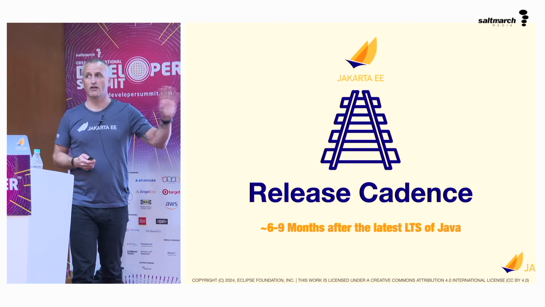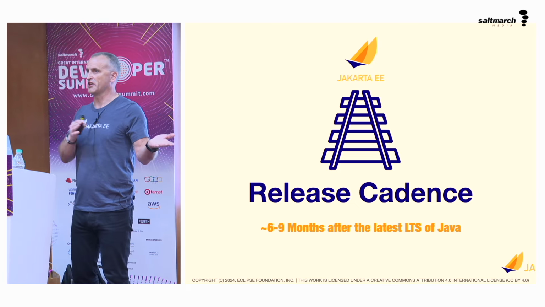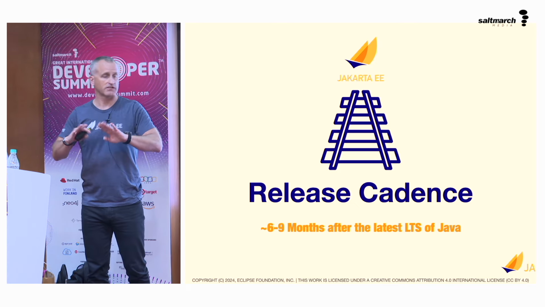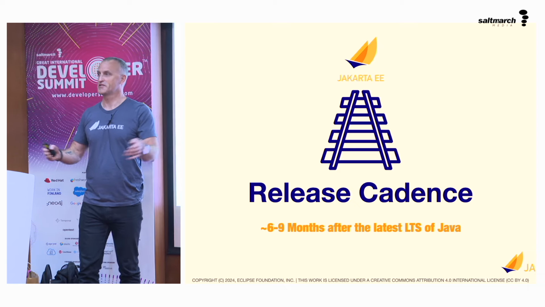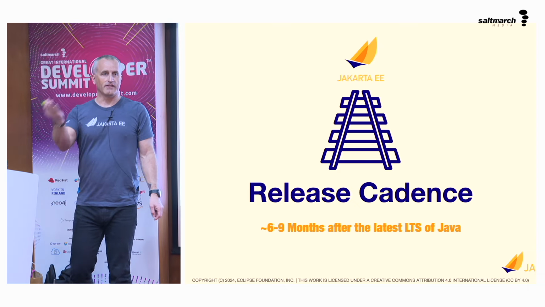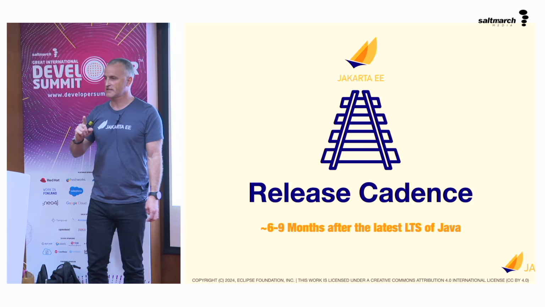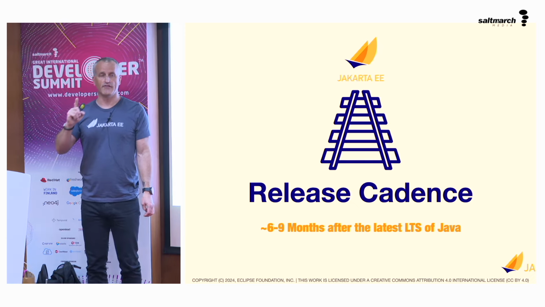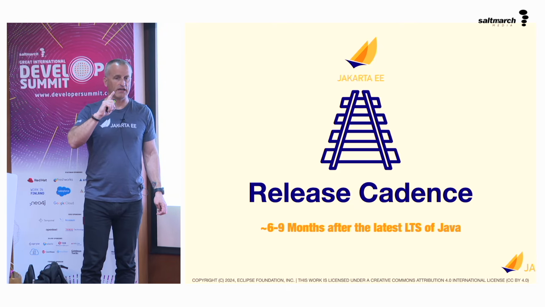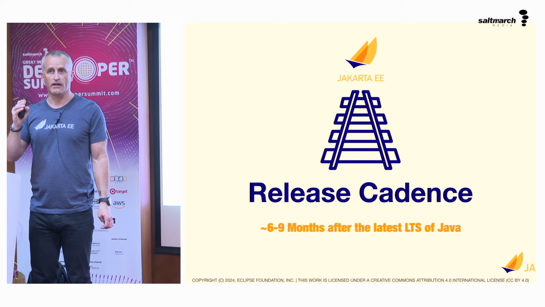There won't be incompatibilities like with Jakarta EE 9. No namespace changes. We're not doing that again. You can be safe. But there may be features that you want to use. And there's one feature that may cause you a little bit of incompatibility, and that's the deprecation of java.util.Date in persistence.